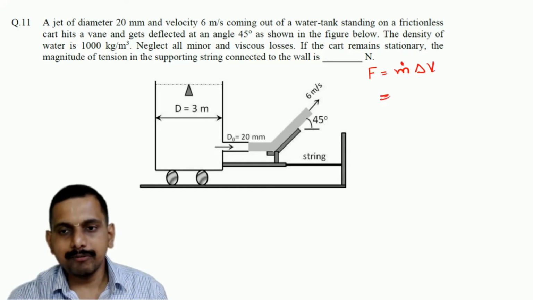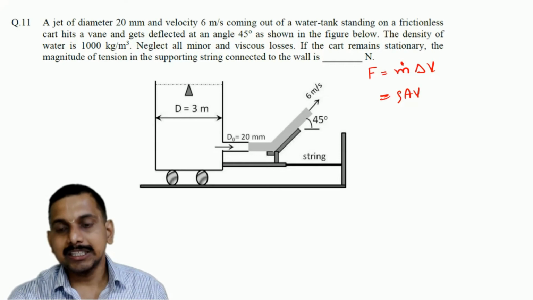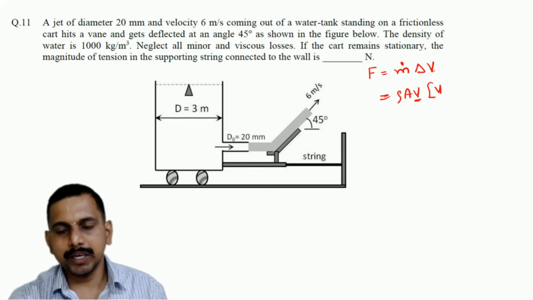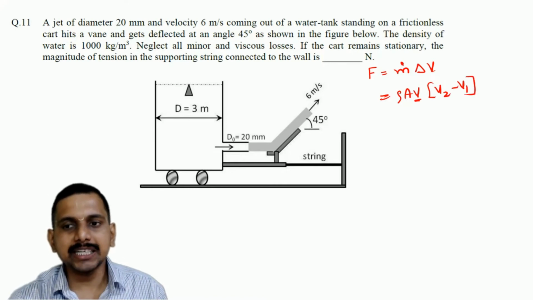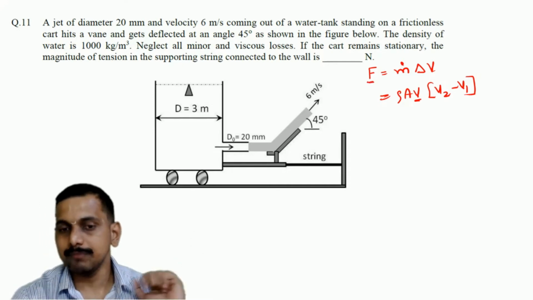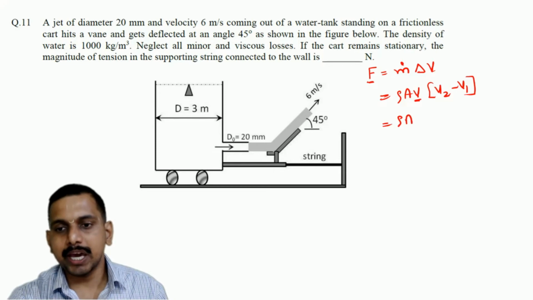Now m dot is generally rho A V, and then v2 minus v1. Here I am calculating the force applied on the fluid rather than on the vane or the trolley. So this is rho A V into v2 minus v1.